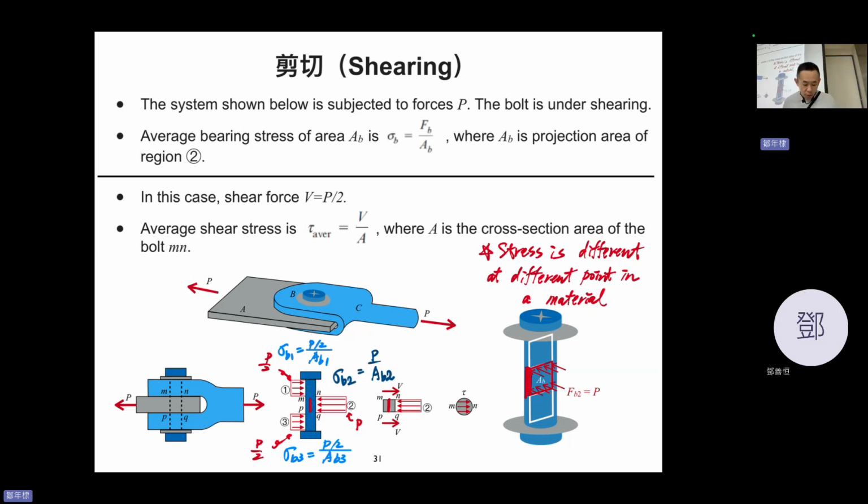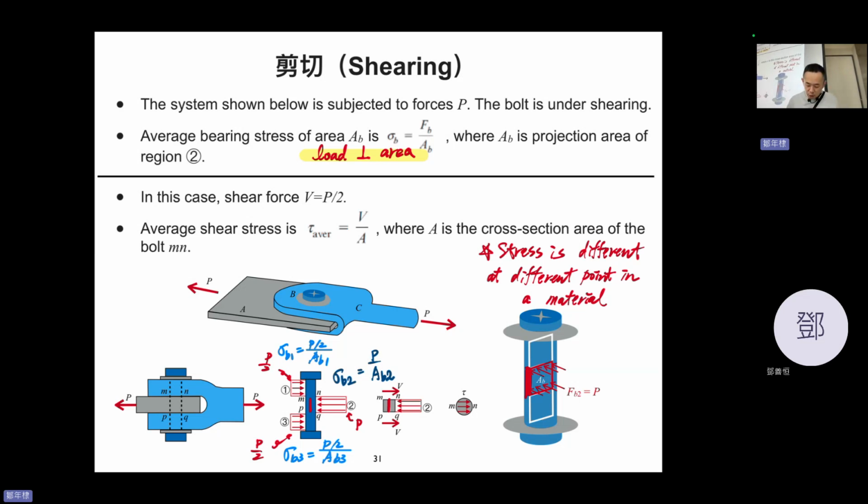in the same material. Okay, so I can also let you know that bearing stress has a characteristic or feature that the loading is perpendicular to the area. You can imagine that the area is trying to stop that force, bearing that force.